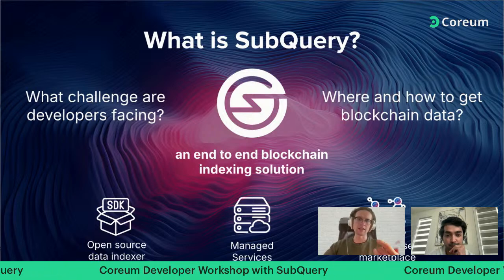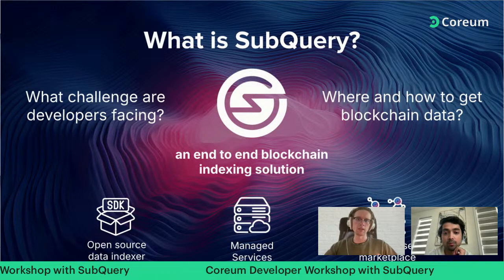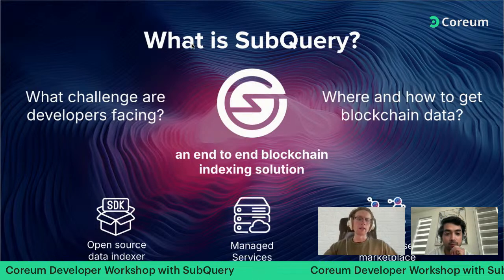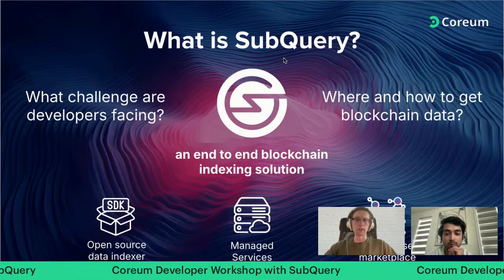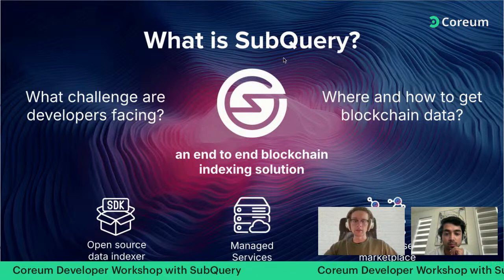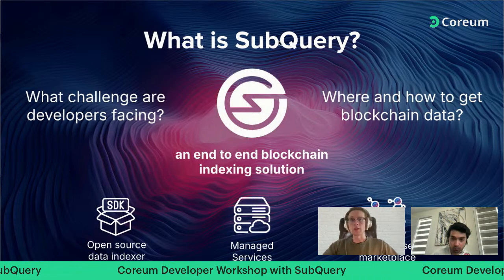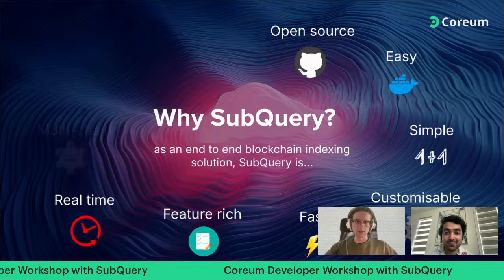Essentially, it's a centralized cloud developed by SubQuery for SubQuery projects to be hosted on. It's really easy to configure. And there's also a decentralized marketplace, a decentralized network of indexers and RPC called the SubQuery Network. Essentially, those are the deployment options.